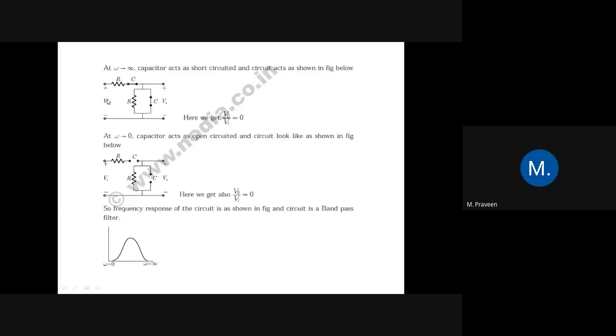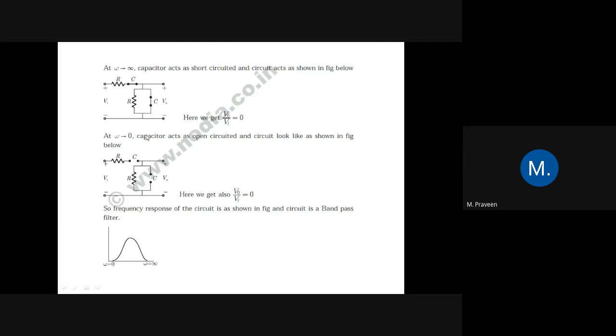Redrawing the diagram, we have the capacitor short circuit here and here, therefore the current flowing through the output is 0. So V naught divided by VA is equal to 0 at omega equal to infinity.